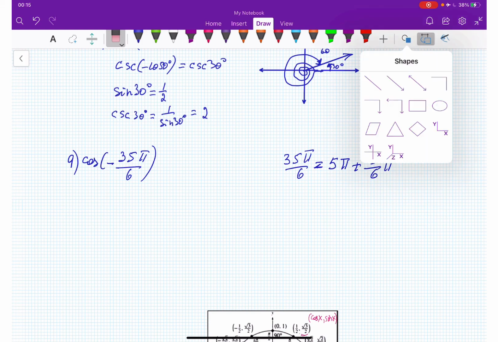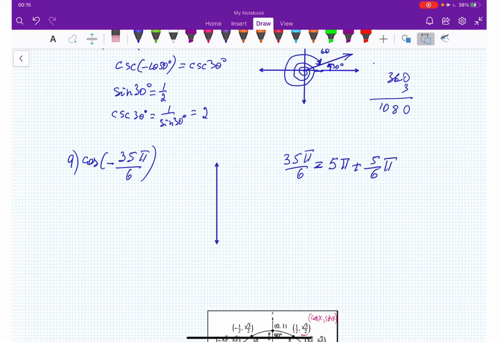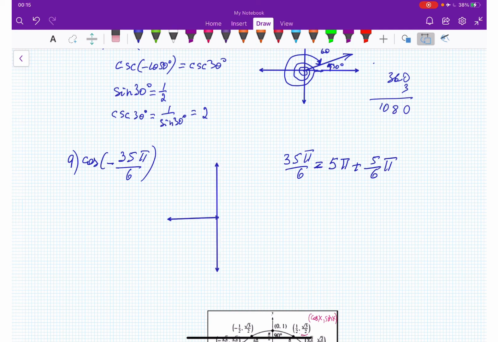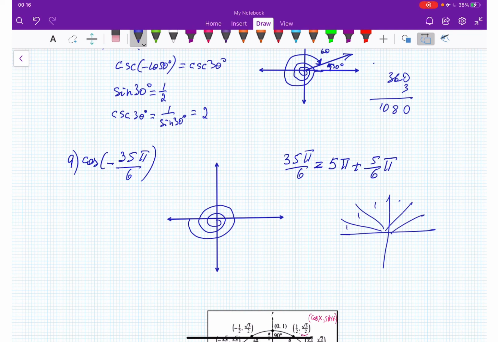So, graphing. Let's go 5 pi. I'm going clockwise because it's negative. 1, 2, 3, 4, 5. And if I break down into 6 pieces, like I said, it will be 1, 2, 3, 4, 5, 6.